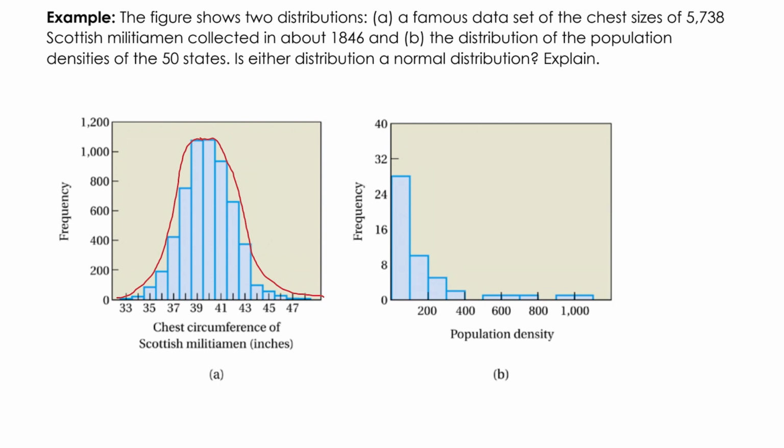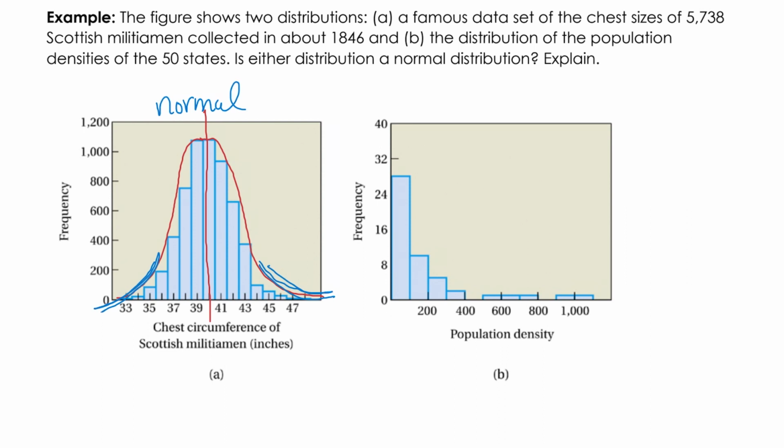It's a bell-shaped curve. The center would be the mean, and I have two tails on the end with the rare values. So I would definitely consider this normal because it has all those conditions that we talked about that the shape of a normal graph needs to have.